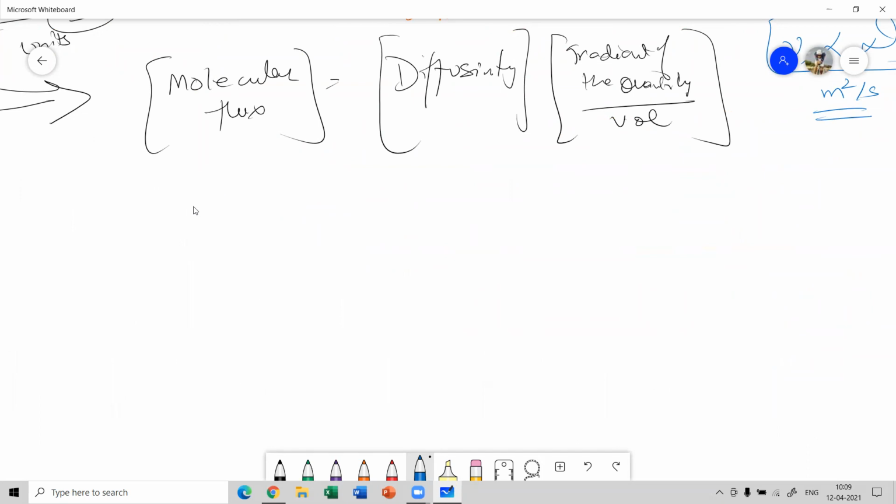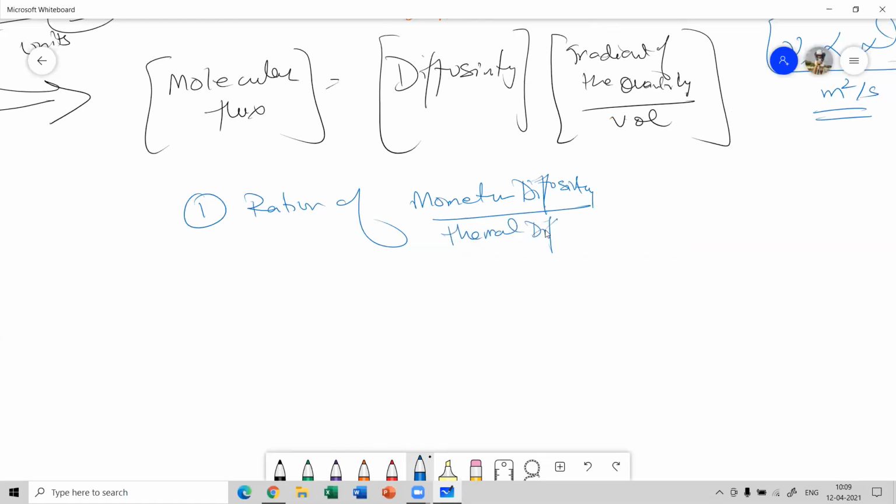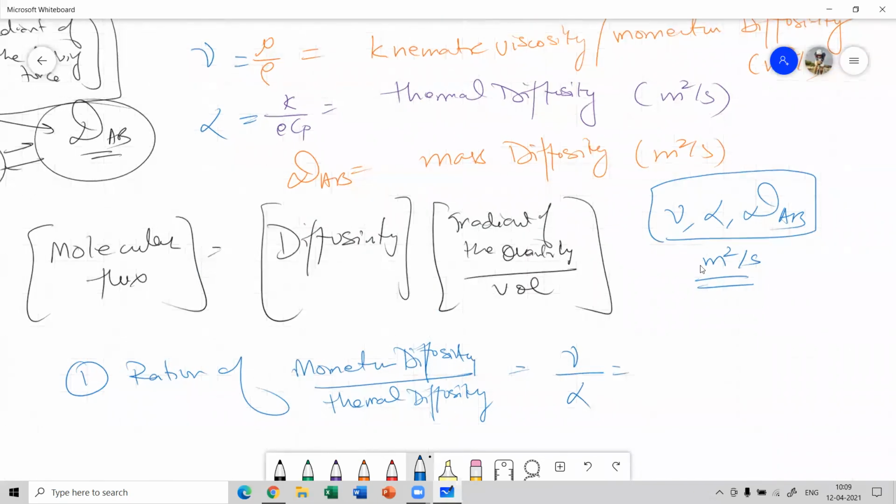So if you take the ratio of momentum diffusivity to thermal diffusivity, that is momentum to thermal, that is alpha. So if you rearrange these terms, let's put their value. What we have is mu by rho over alpha, which is k by rho Cp.